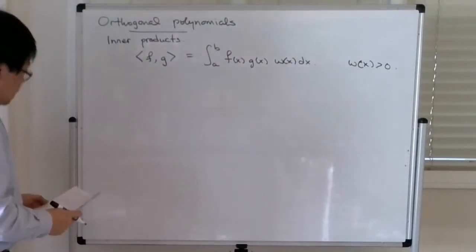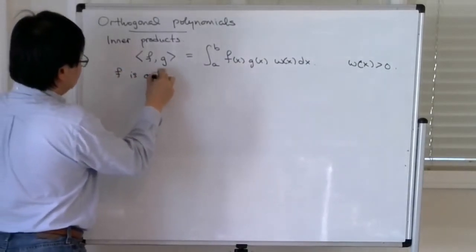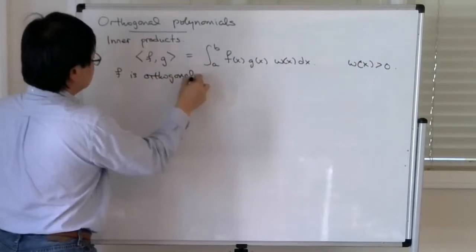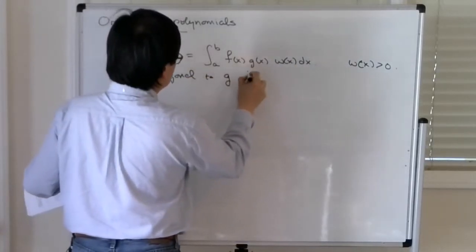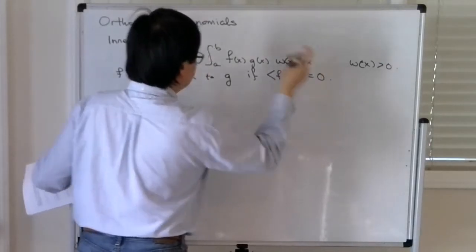And then we say that f is orthogonal to g if the inner product between f and g is equal to 0.